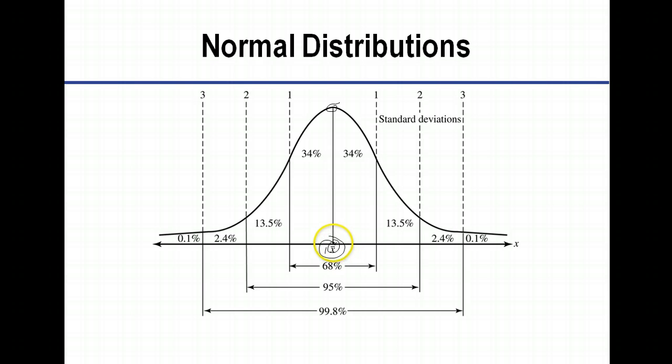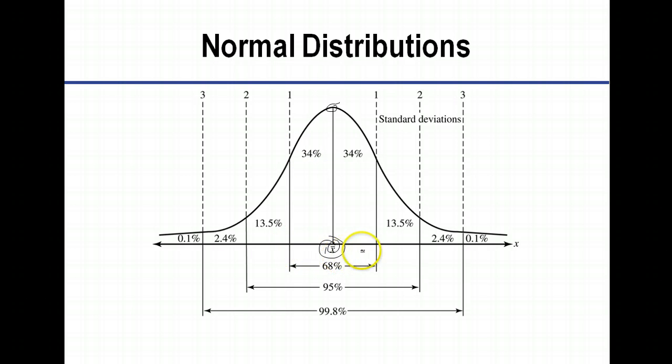Then if we go up 5 units, we would have 34% of our data points within one standard deviation, or 5 points away from the mean. And the same thing below: if you go 5 points down, you would have 34% of the data, 5 points below the mean.